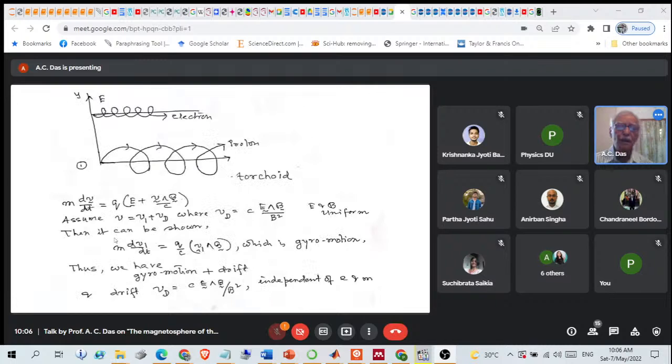Now, if you have initial velocity non-zero, then when it comes first to the y-axis, it still sees the magnetic field, and therefore it tries to rotate.